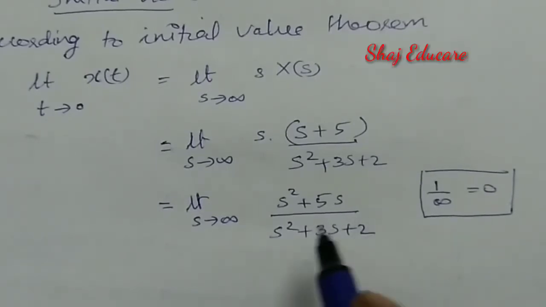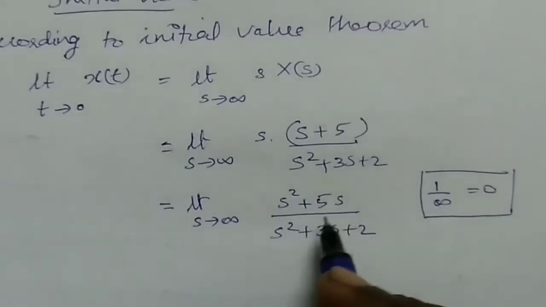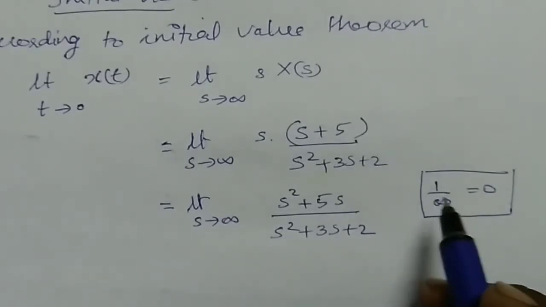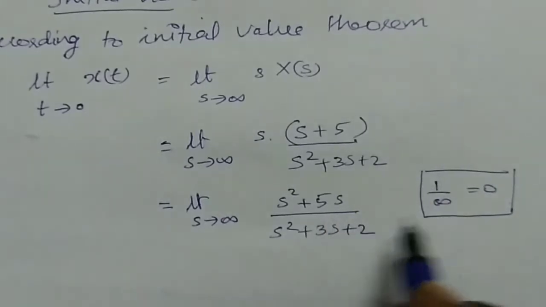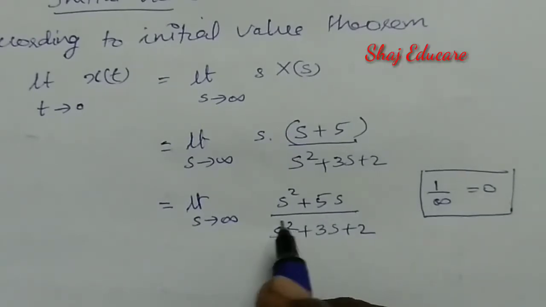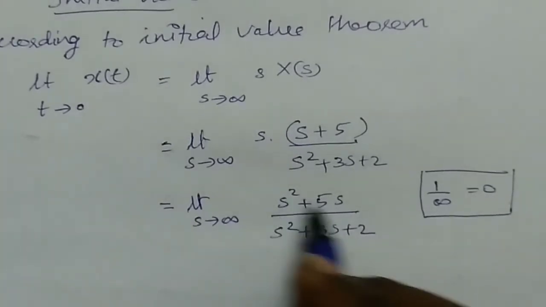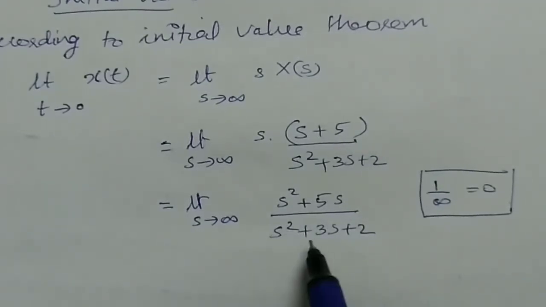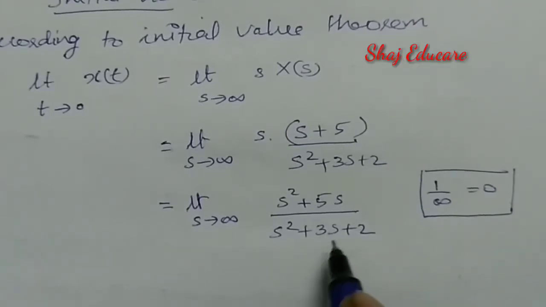So let us try to substitute infinity in the form of 1 by infinity. Then the answer becomes 0. Otherwise we can't find infinity squared or 5 into infinity here. Here also, if we put s equal to infinity, infinity squared is not defined, and 3 into infinity is also not defined.